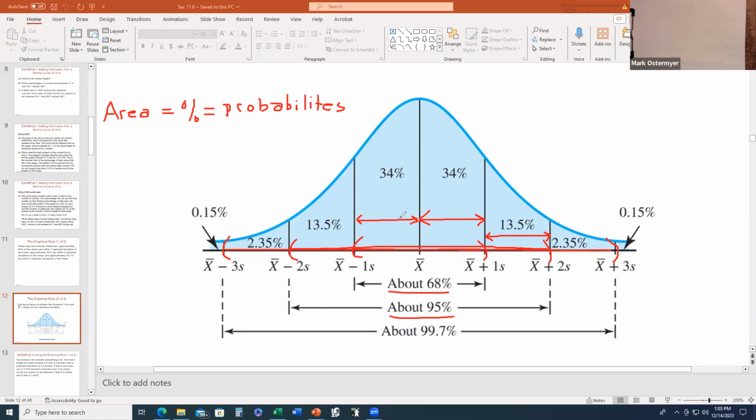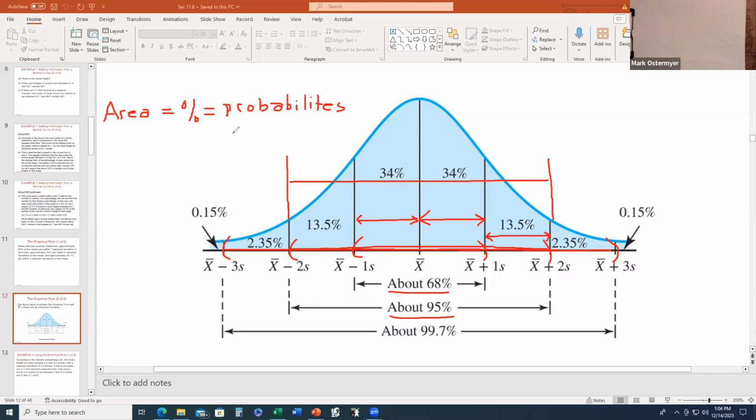Therefore, the probability that a data value will fall between X bar minus S to X bar plus S is 68% or 0.68. The probability that a data value will fall between the mean minus 2 standard deviations to the mean plus 2 standard deviations is 95% or 0.95.